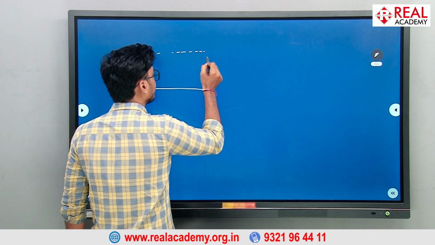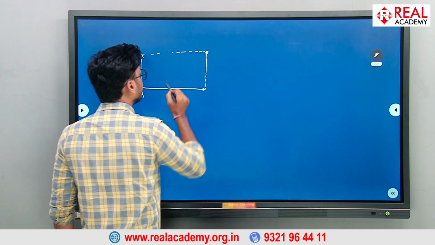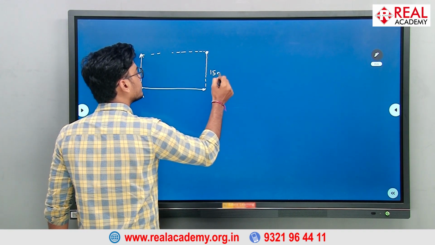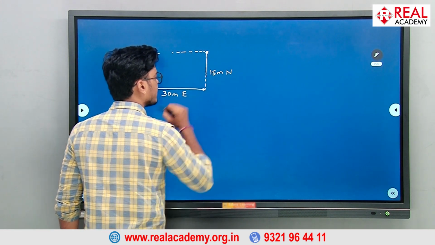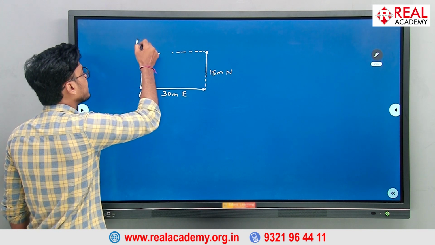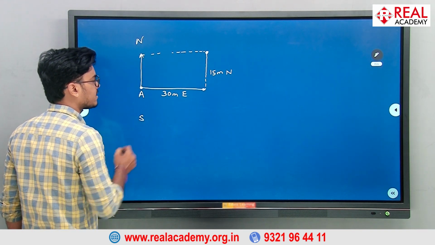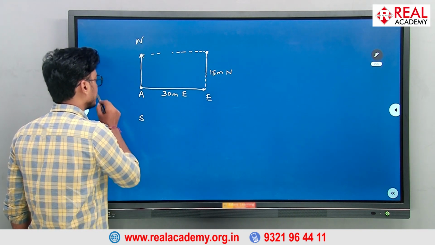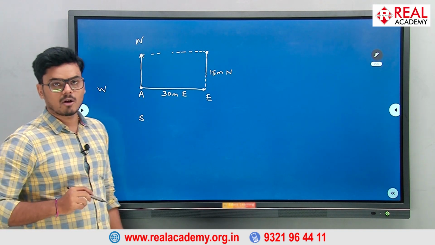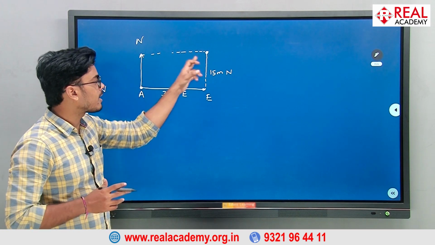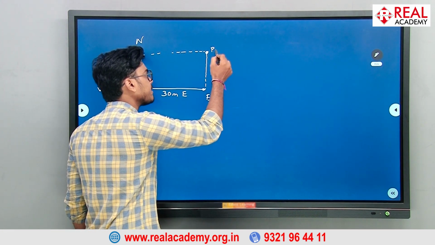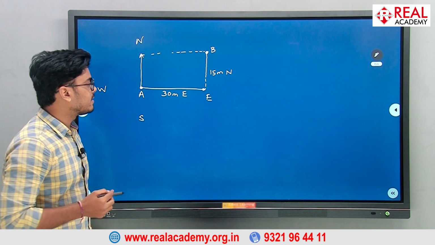This is the house of your friend. 15 meters north, 30 meters east. So this is the north direction, this is the south direction, this is the east direction, and this is the west direction. Now, suppose somebody asks you to find the distance between your house and your friend's house, which is at point B. How will you find the distance?